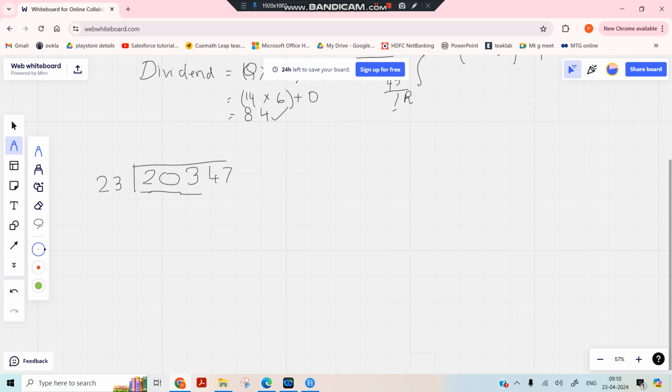And here is where your knowledge about round off will come into play. Now 23, if you round it off to the nearest tens, you get 20. And the table of 20 is similar to the table of 2 with the 0 at the end. I'm sure you must be aware of that.